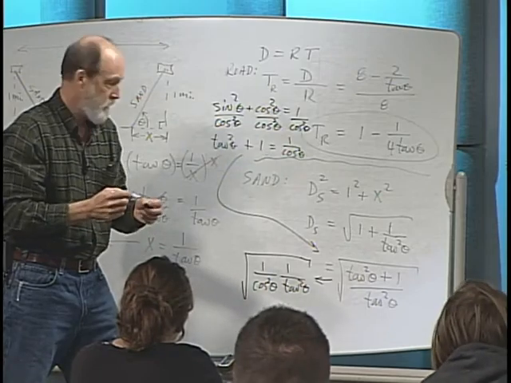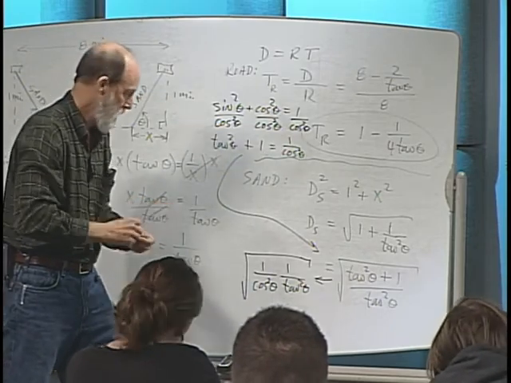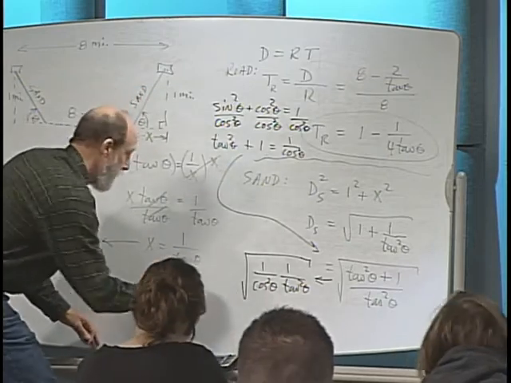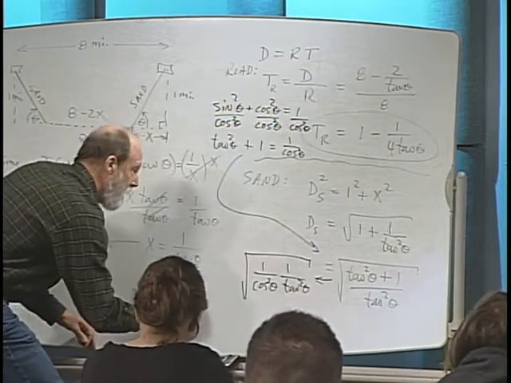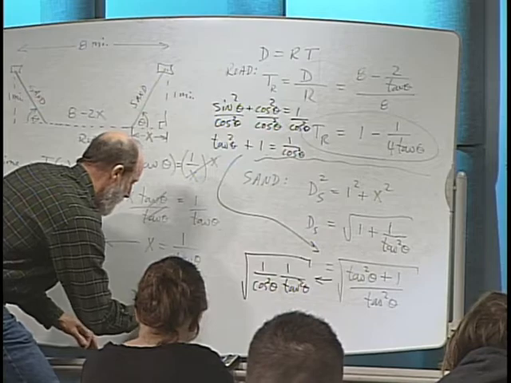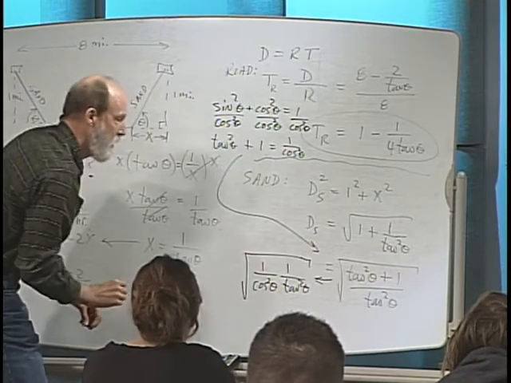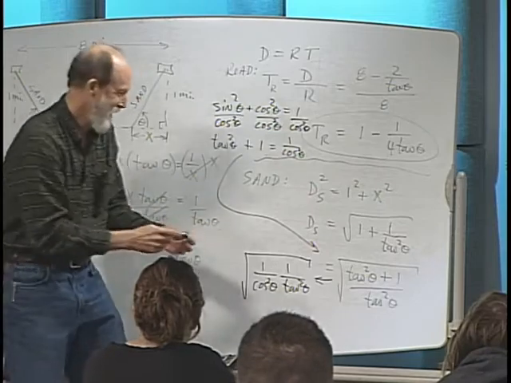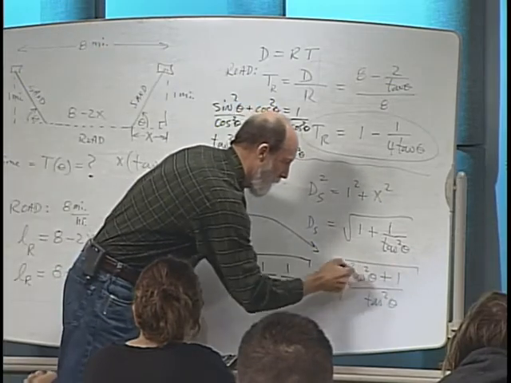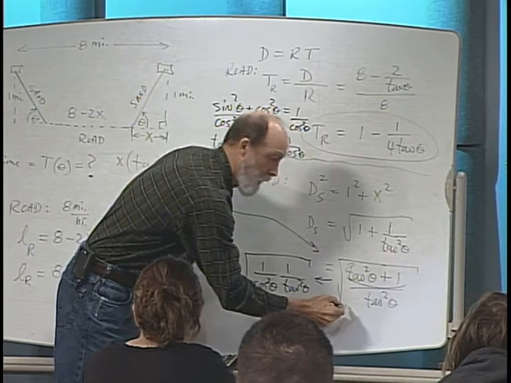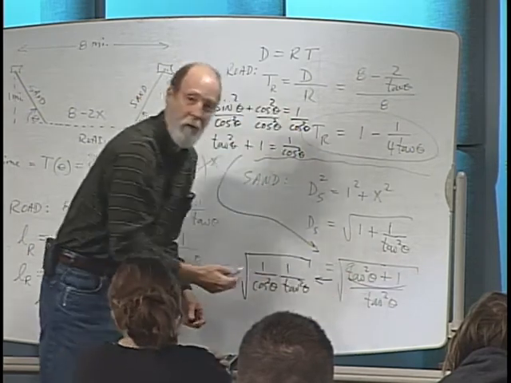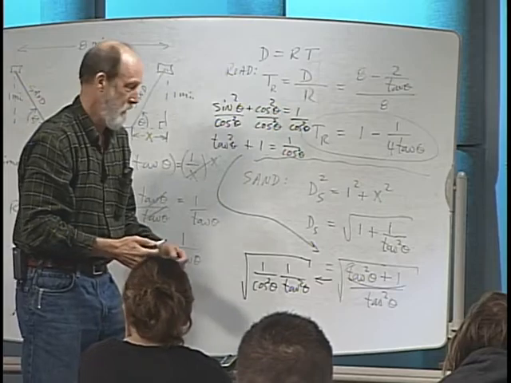It's fractions, okay? This is 1 over cosine squared, and this is still 1 over tangent squared. Got it?